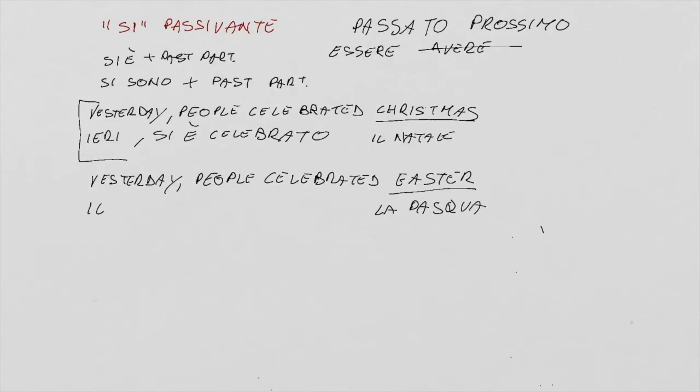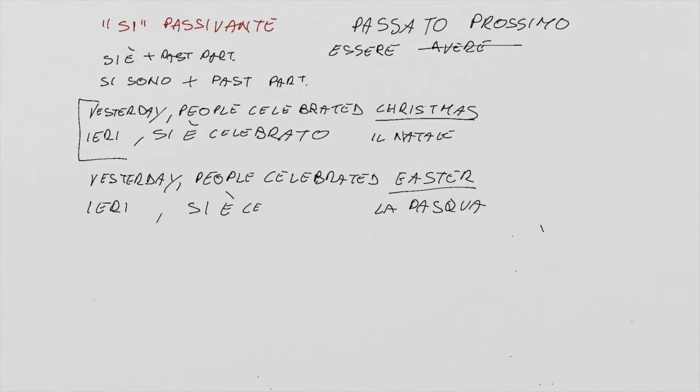So, in this case, I still have si è since it's singular, but because Pasqua is feminine, I must remember to change the O with A. So it would be ieri si è celebrata la Pasqua. Why? Because the past participle must agree in gender and number with the direct object, in this case, Pasqua.